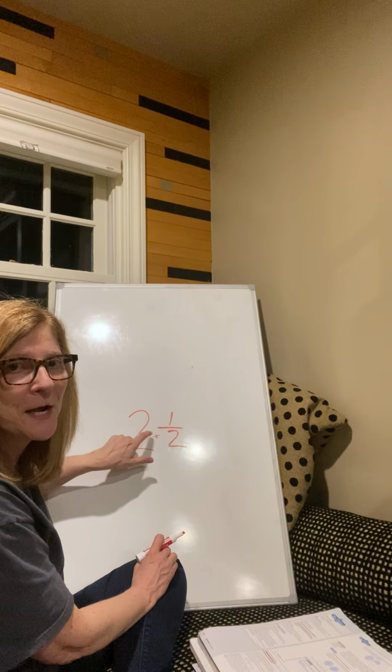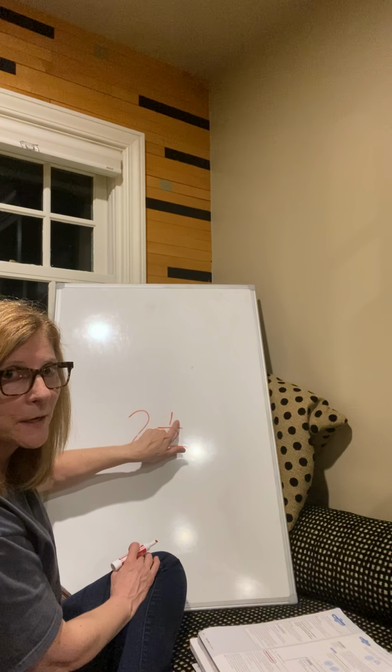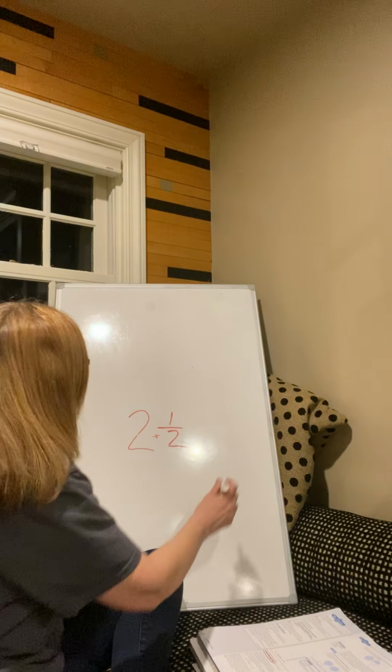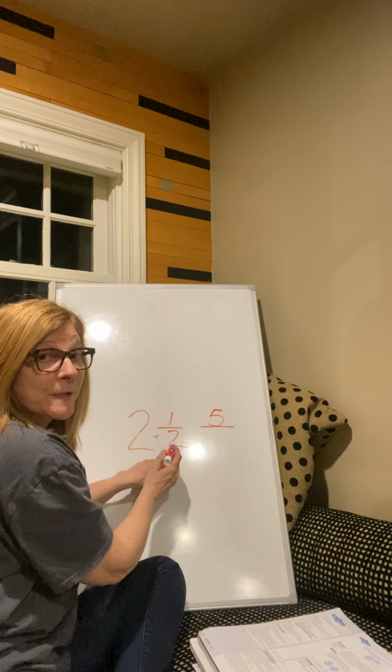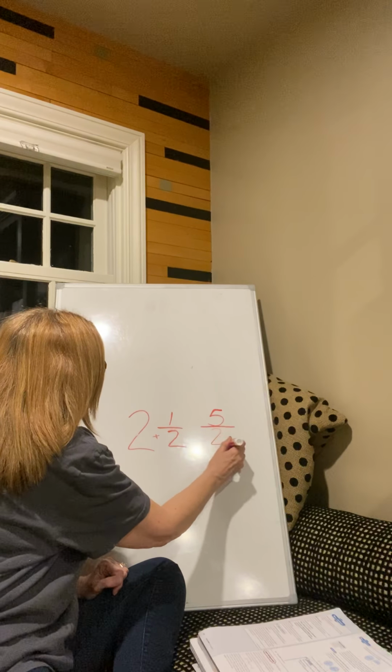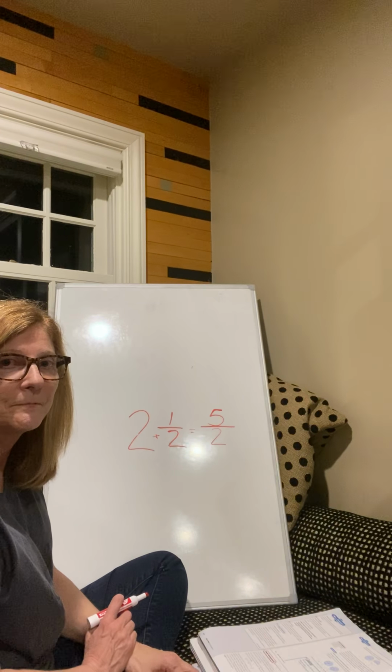I gave you the answer. 2 times 2 is 4. Add the numerator, plus 1 is 5. And use your same denominator. 5 halves. 2 1/2 equals 5 halves.